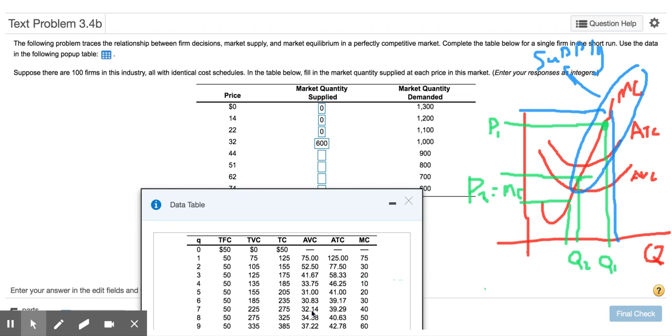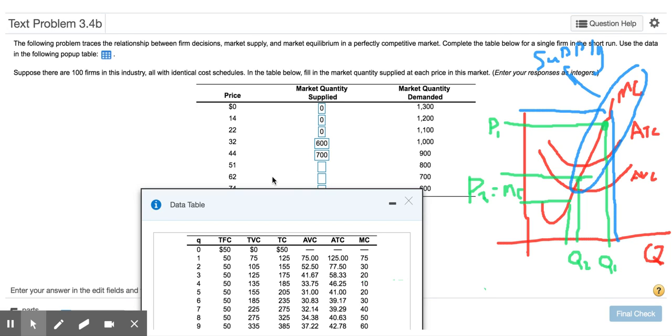The answer is yes, this company should produce. It will be making losses because the price is below average total cost, which is 39.19. But this company will be minimizing losses by producing 7 units. We have 100 identical companies, 7 multiplied by 100, we get 700.